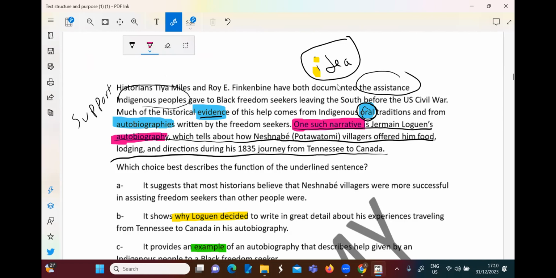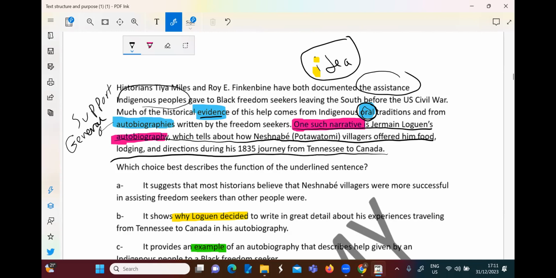So this is the idea that they helped Black people. Then he said there is evidence from oral traditions and autobiographies. Is this specific or general? General. Do you have a specific autobiography mentioned here? No. So it's general.